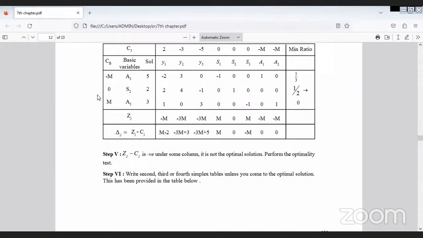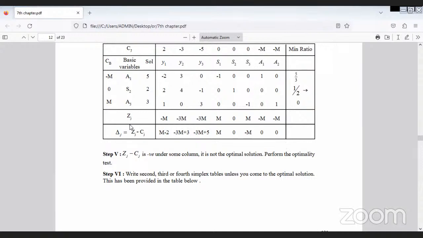So we are taking minus 3M plus 3 and also minus 3M. Again we are taking the pivot element, 3 minus 3M plus 5. That is M, that is 0. There are no elements here. Therefore another one, minus M, and there are no other values here. So A1 and A2 we are writing 0 here.